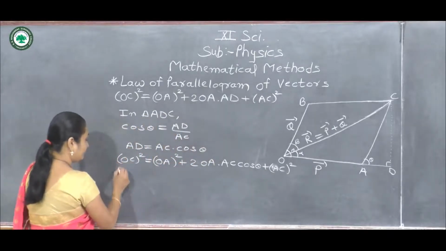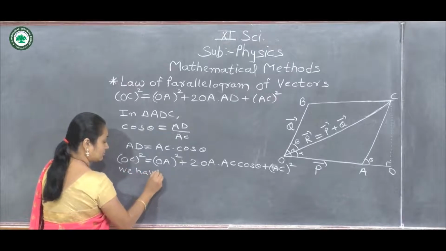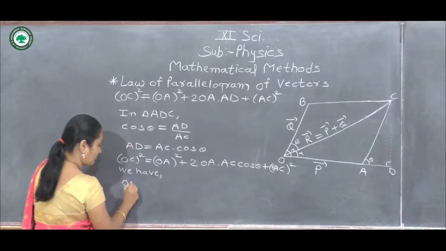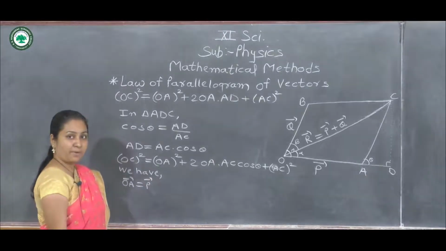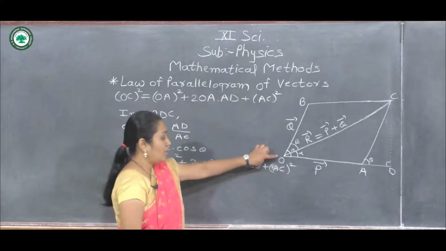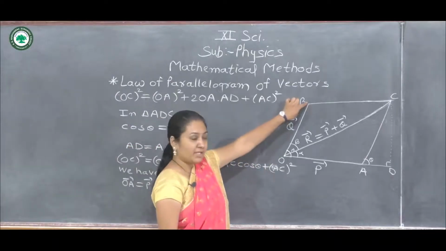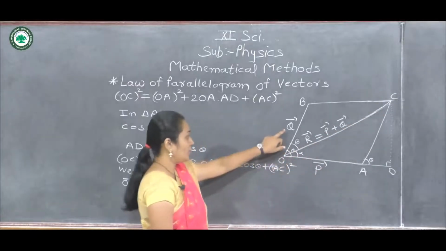Now by using this figure, we can write OA bar is P bar, OB bar is equal to AC bar, which is Q bar.